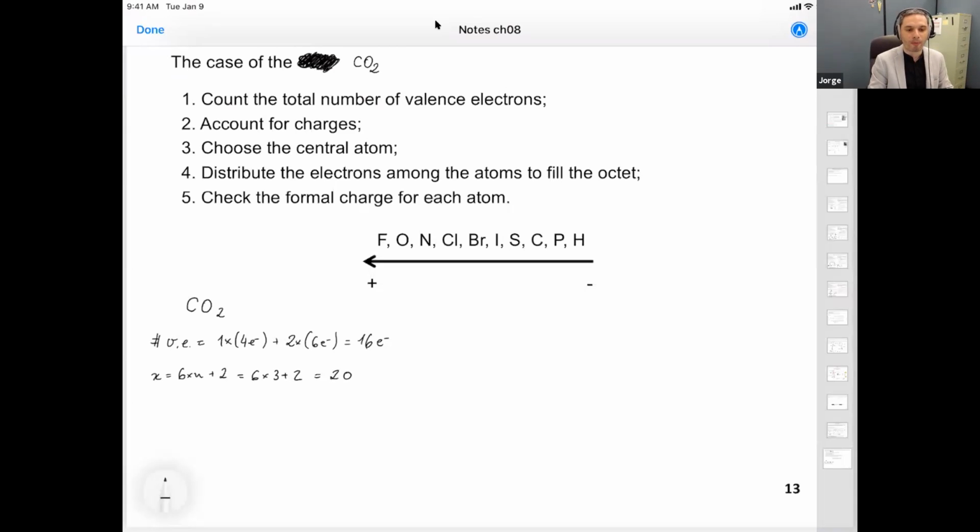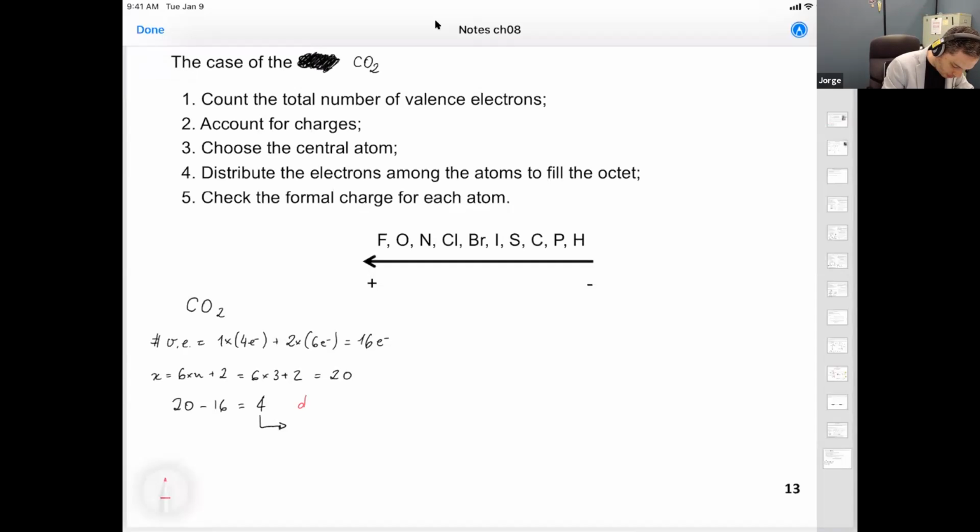And then now we compare X with the total number of valence electrons. So we are going to subtract X from the total number of electrons, and that will give us 4.